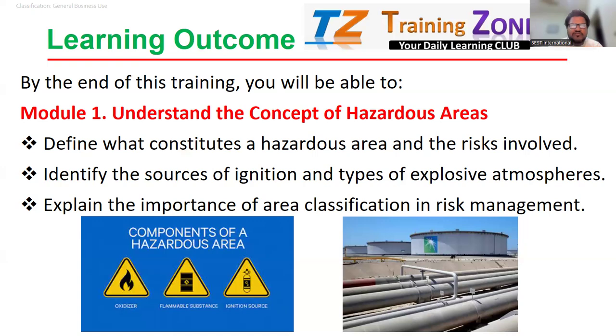I'm talking about gases and vapors. Same way, if it is combustible dust, same way the 20, 21, and 22. But mostly in oil and gas, the major challenge is the oil and gas itself. Wherever they are traveling, wherever we are storing, transporting, we have to make sure what is zone 0, what is zone 1, and what is zone 2.